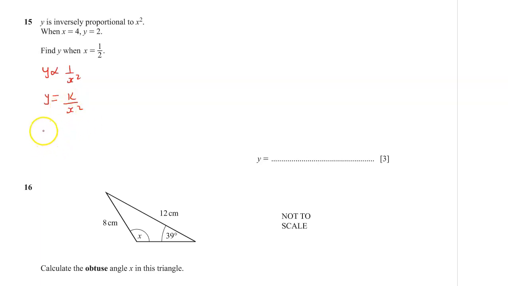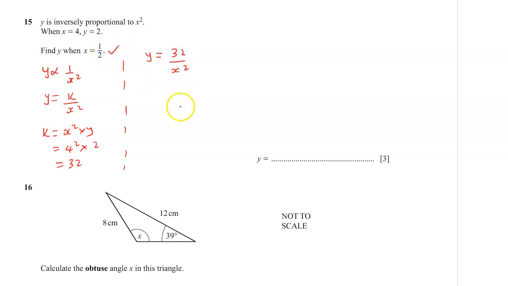We want to find k, so k is equal to x squared times y. When x is 4 squared, y is 2. Therefore this is 16. 16 times 2 gives us 32. So k is 32. Therefore you can write the equation as y is equal to 32 upon x squared.